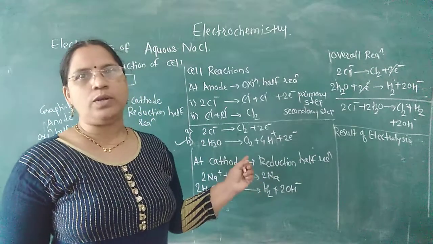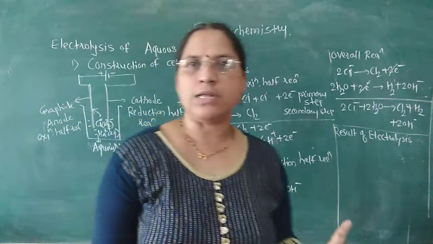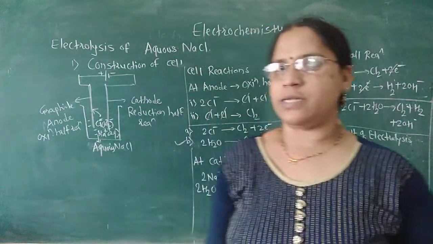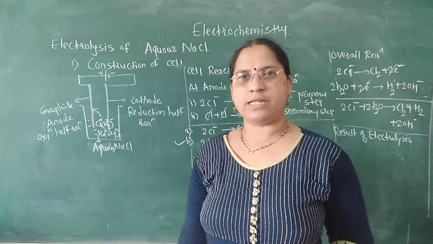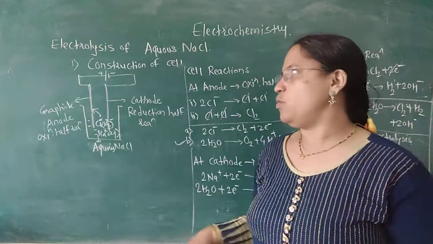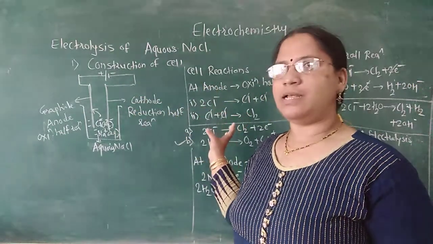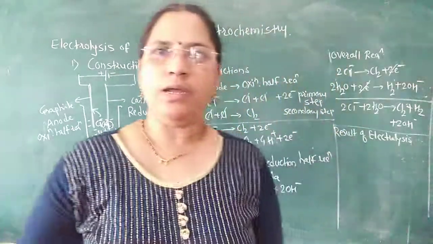So these are the two results of the electrolysis of aqueous NaCl. So this is the concept related to electrolysis, for molten NaCl or aqueous NaCl. So how to proceed? Construction, cell reactions or overall cell reaction, and results of the electrolysis.